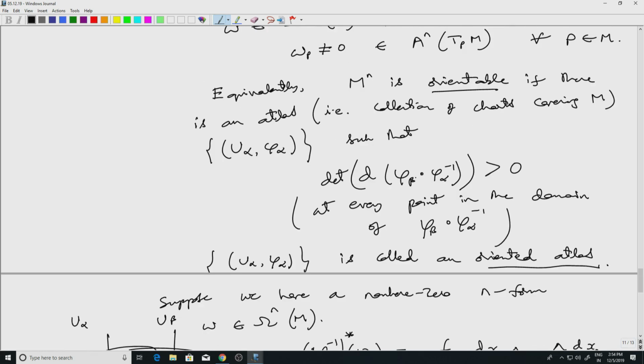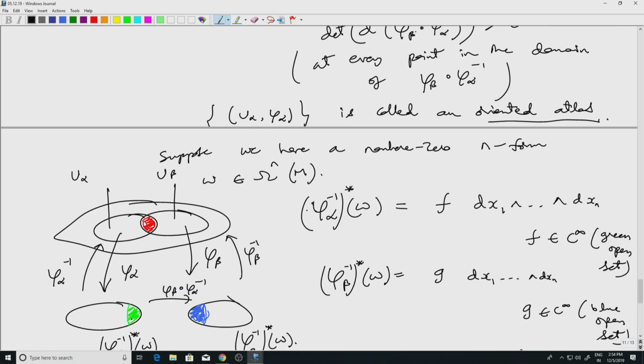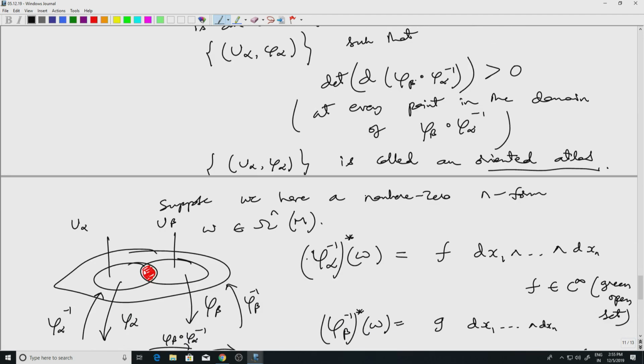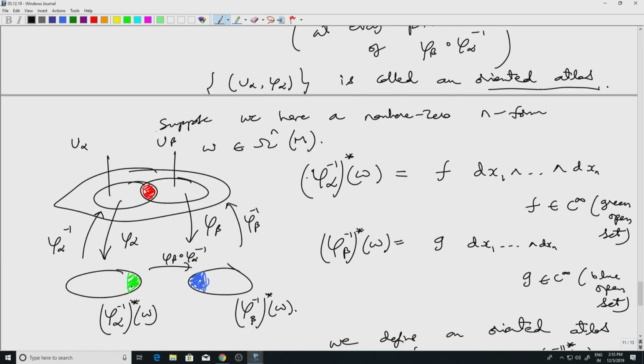Such an atlas is called an oriented atlas. The way we picked out this atlas is quite simple. We just pull back the form to an open set in Rn. Once we pull it back, it will be some function times the standard n-form, and we demand that the function be positive.